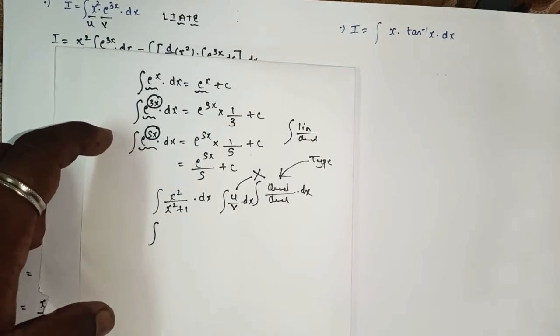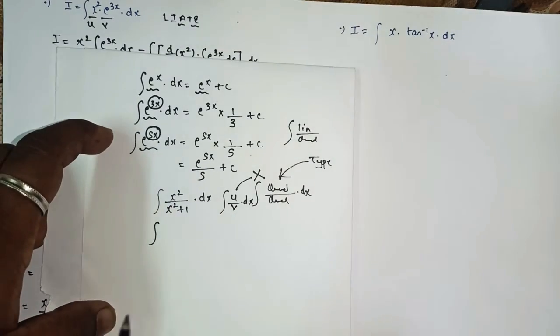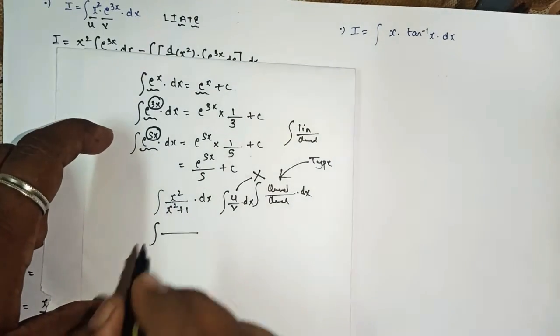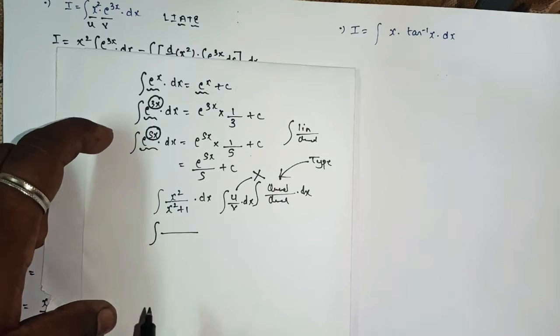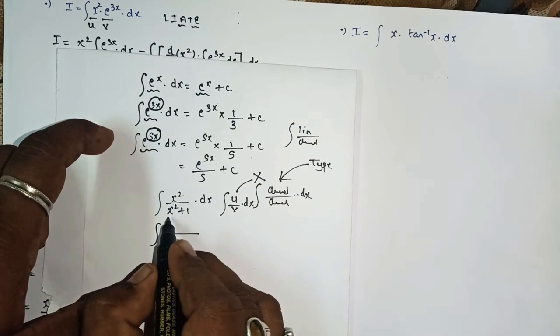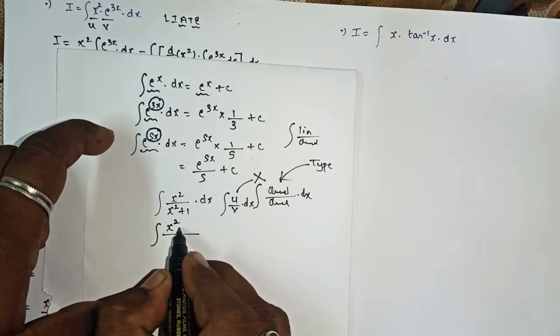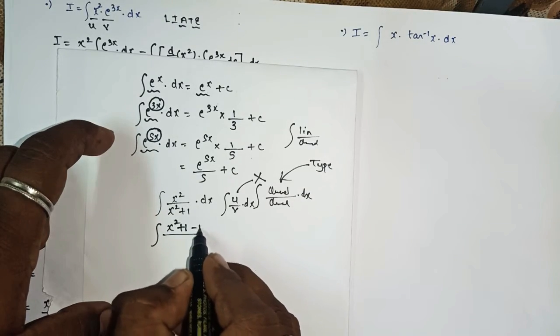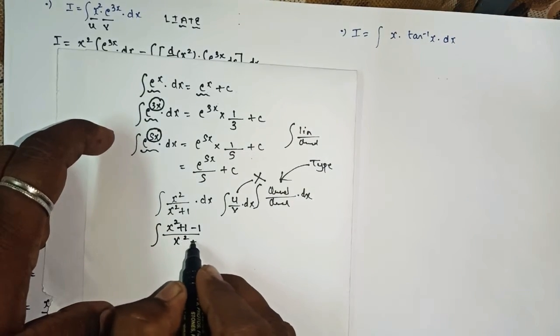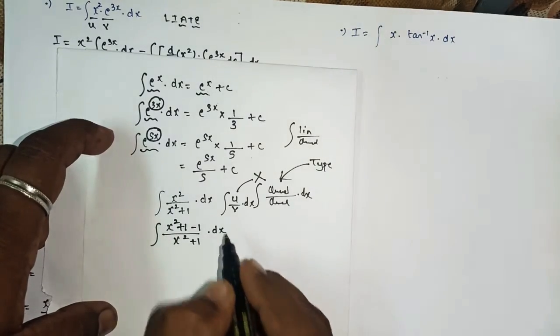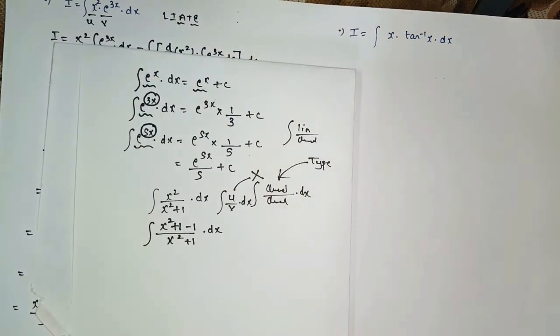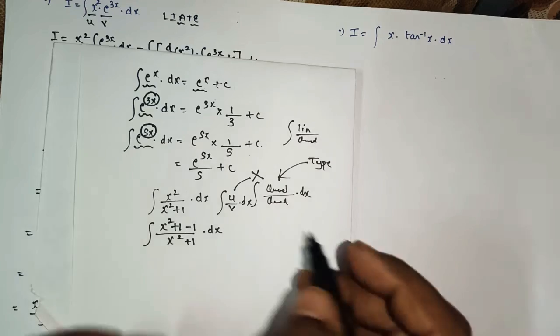So whenever you come across a function like this, quadratic upon quadratic, here we have x square and x square, here we have plus 1. Simply what you have to do is adjust the numerator by plus 1 and minus 1. That's it. Got the point? Once again I will explain.